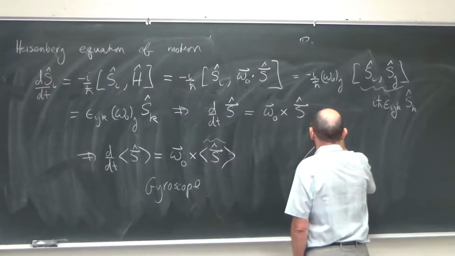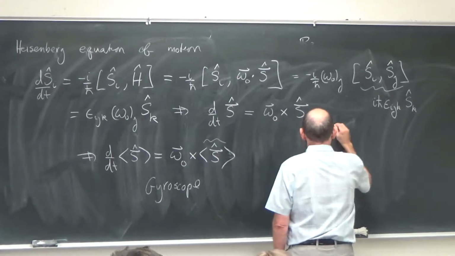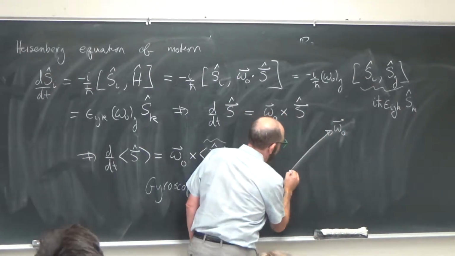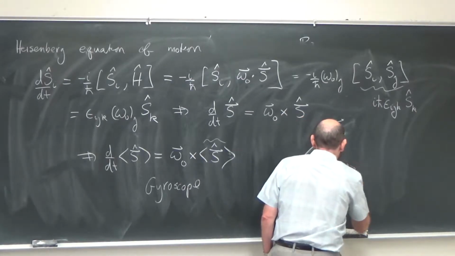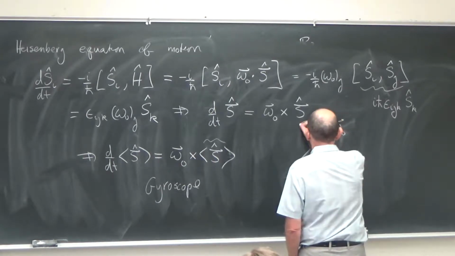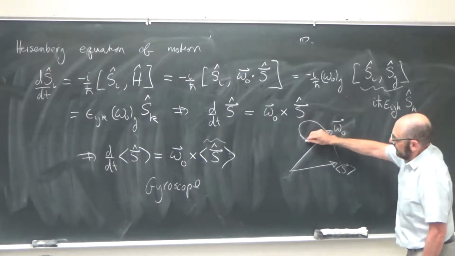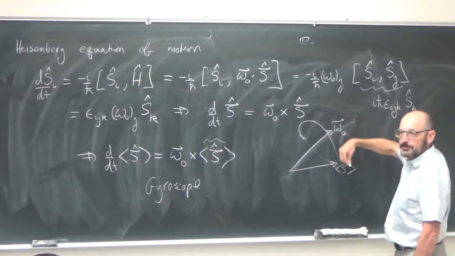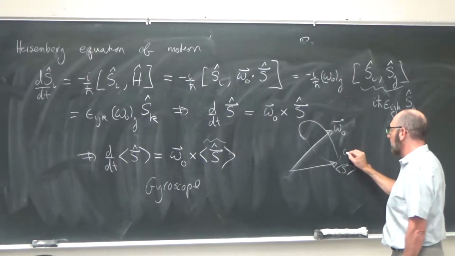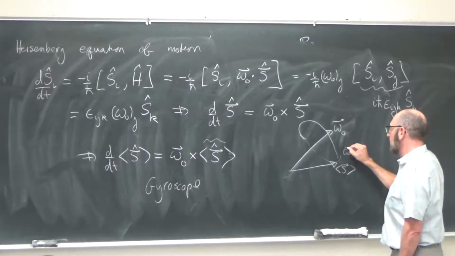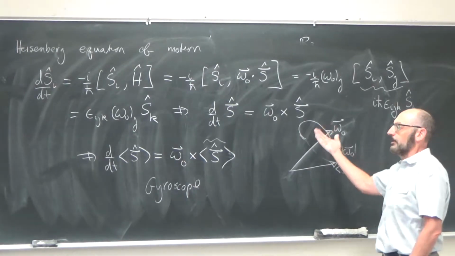So if I have omega naught, some vector, and I have the spin vector, then it's going to precess around that axis, as a top precesses, like a gyroscope precesses around that axis, with an angular velocity given by the magnitude of that, and the axis of rotation given by a little right hand rule.